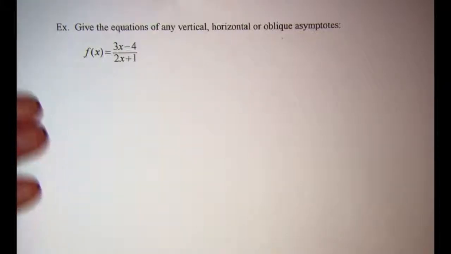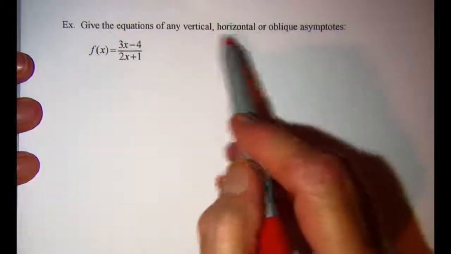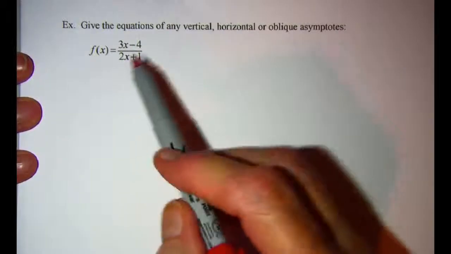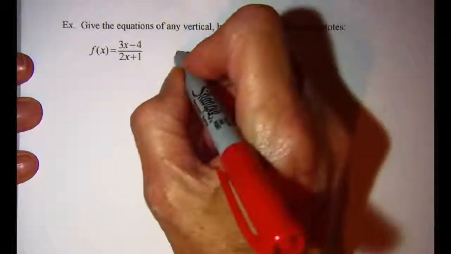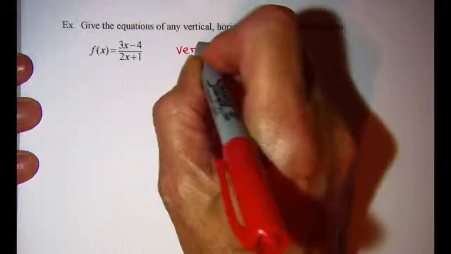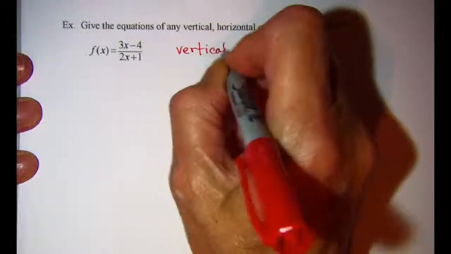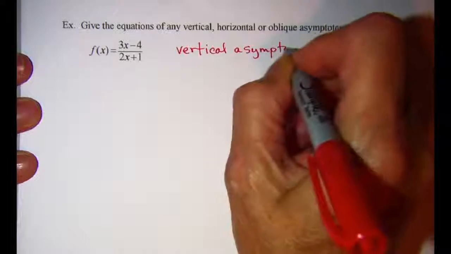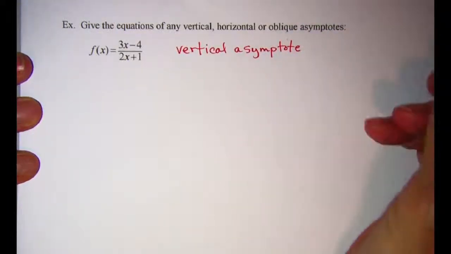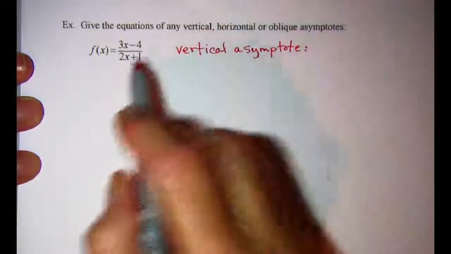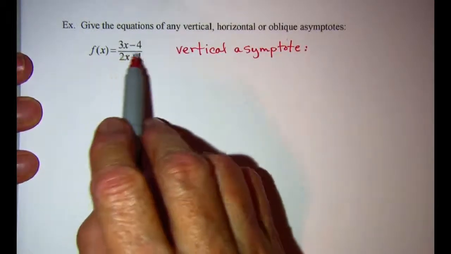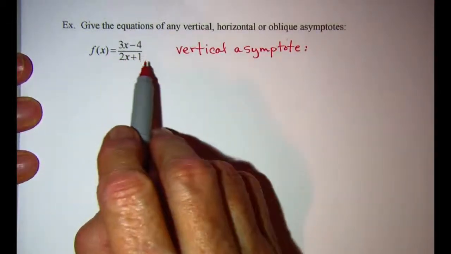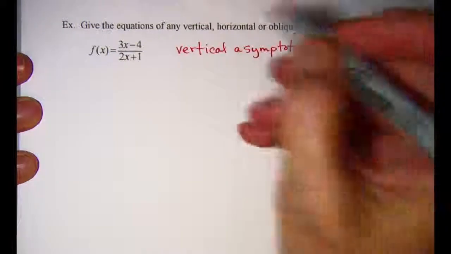We're asked to give the equations of any vertical, horizontal, or oblique asymptotes again. First of all, let's do our vertical asymptote. We have vertical asymptotes whenever the bottom of the fraction could be equal to 0.